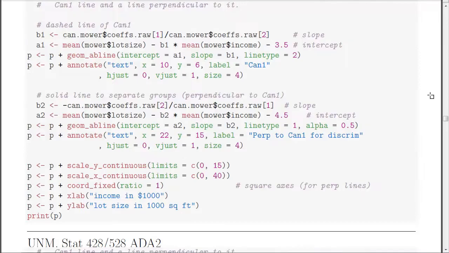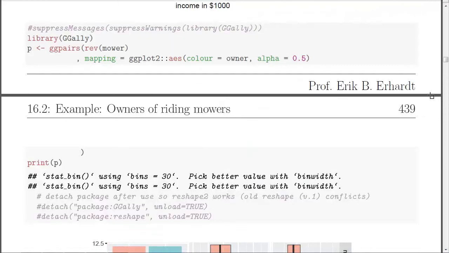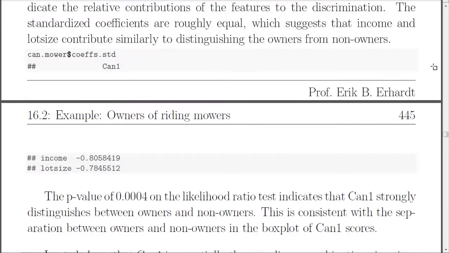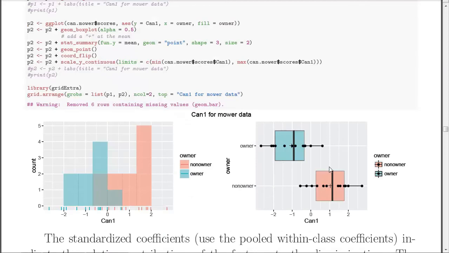Comparing that to the scatterplot matrix that we started with, here you can see the boxes for lot size basically are the same value, and the box plots for income overlap just a little bit. So we're getting better separation using our canonical function.